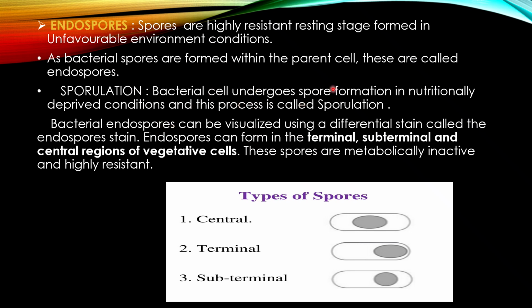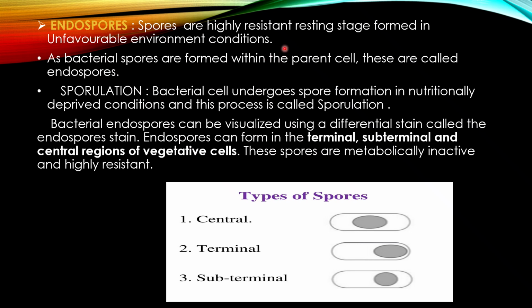Bacterial cells undergo spore formation in nutritionally deprived conditions, and this process is called sporulation. So as I told, in the unfavorable or nutrient deprived condition, these endospores will be formed, and the process of formation of these spores is called sporulation.